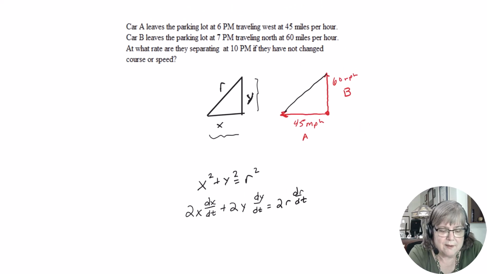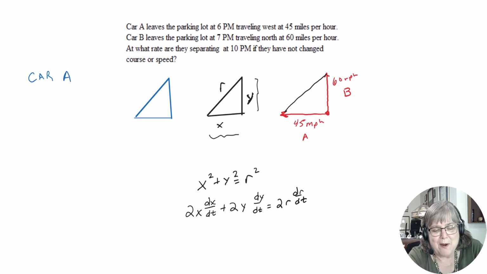So let's look at another variation of my triangle. Okay, so let's talk about car A. Car A leaves the parking lot at 6 p.m., travels at 45 miles an hour, and we look to see where it is at 10 p.m. So car A has been traveling for 4 hours when I take that snapshot, right?